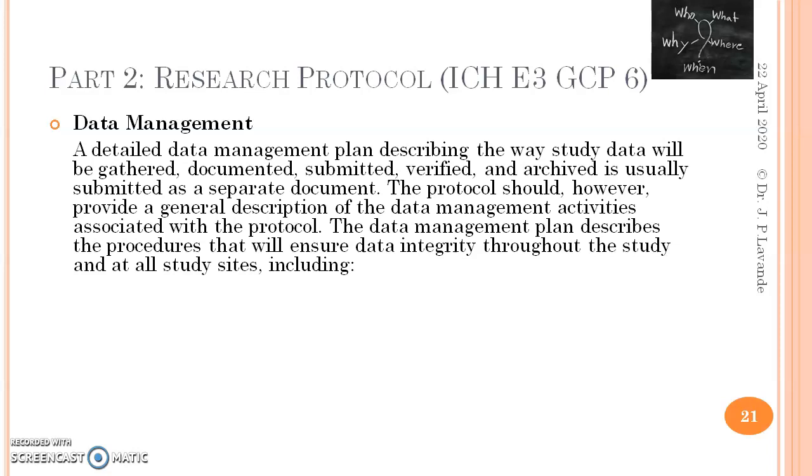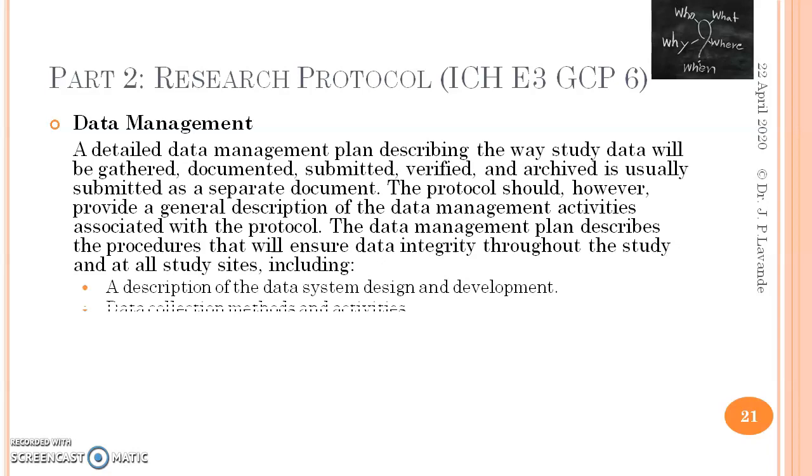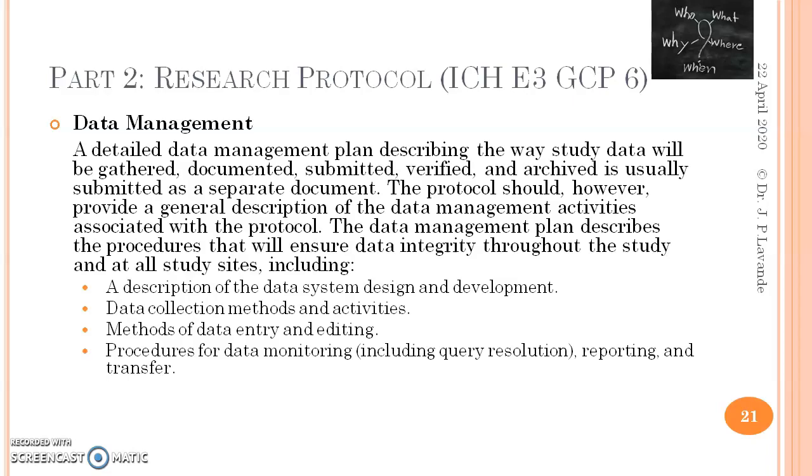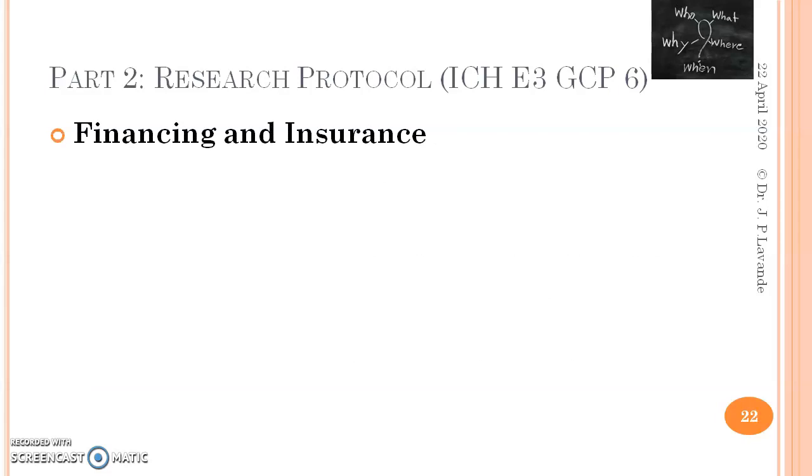The data management plan describes the procedures that will ensure data integrity throughout the study and at all study sites, including a description of the data system design and development, data collection methods and activities, methods of data entry and editing, procedures for data monitoring, including query resolution, reporting, and transfer, data recipients and procedures for data dissemination.